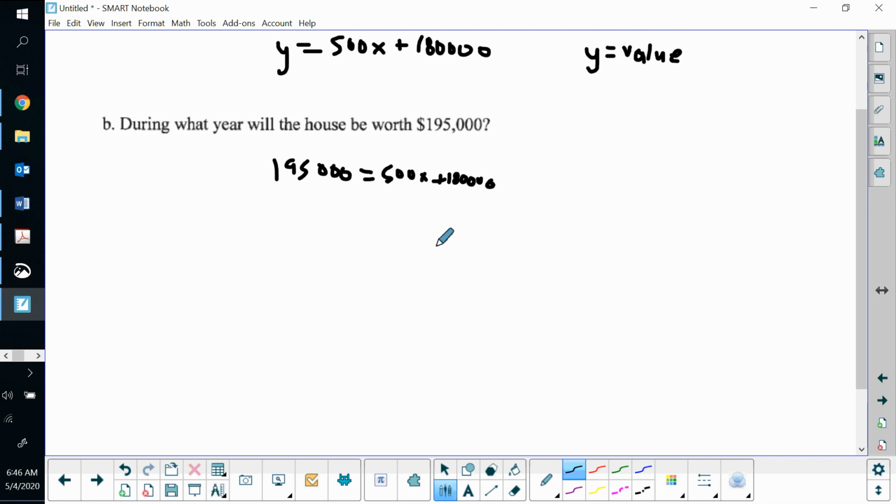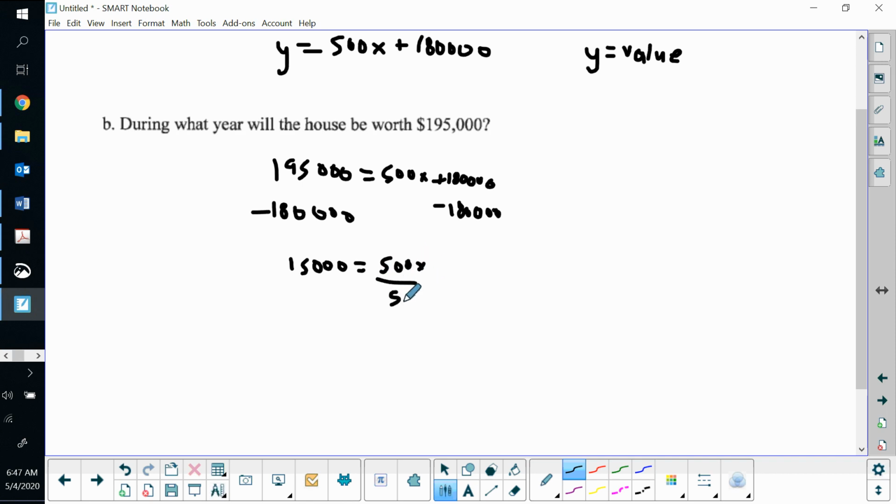And now we'll just work to solve for x. So we'll start by subtracting the 180,000 from both sides. So that will give us 15,000 equals 500x.